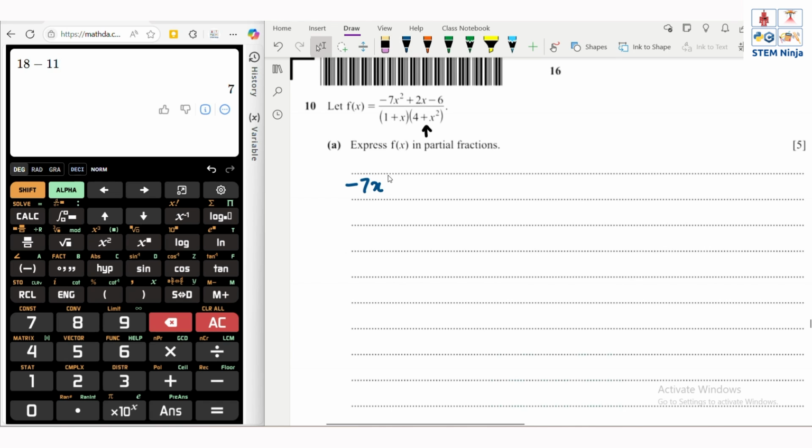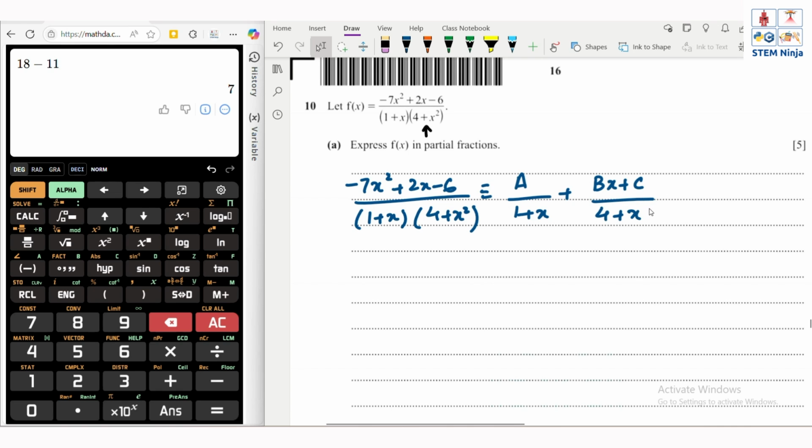minus 7x squared plus 2x minus 6 over (1 plus x)(4 plus x squared) equals a over 1 plus x, and then (bx plus c) over 4 plus x squared.